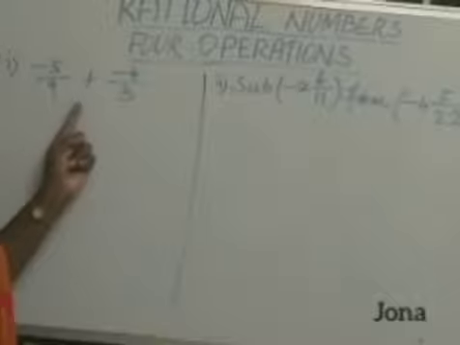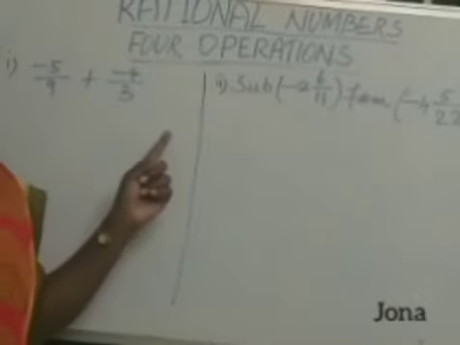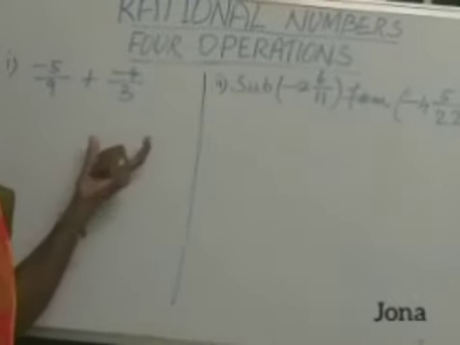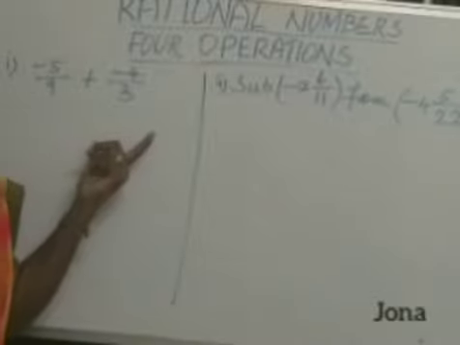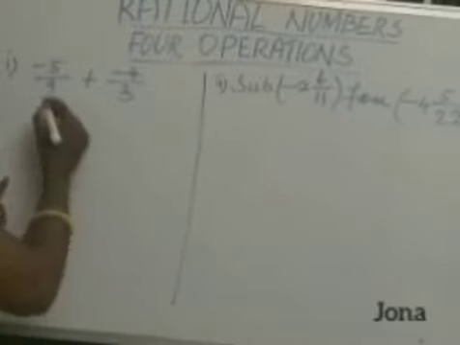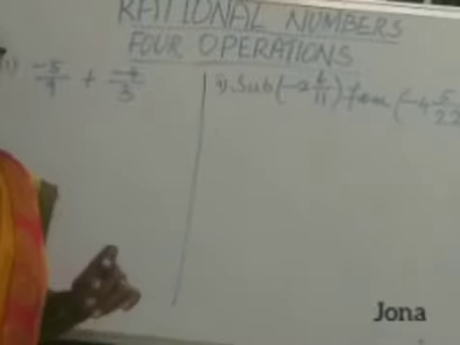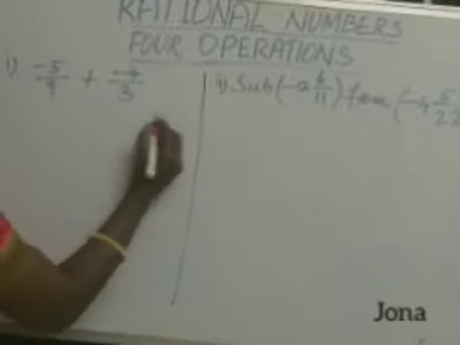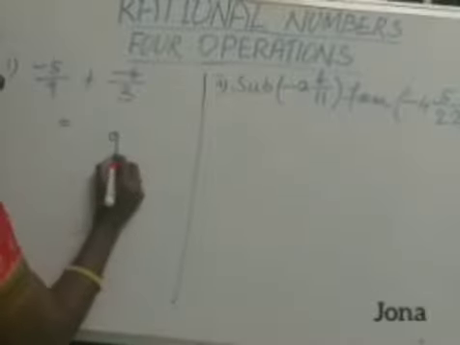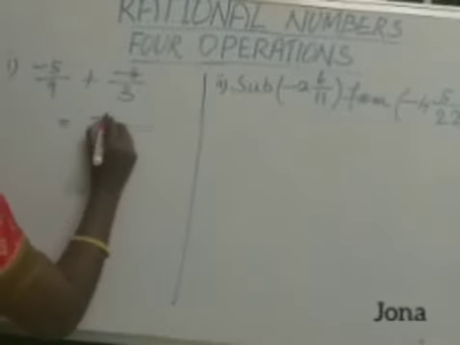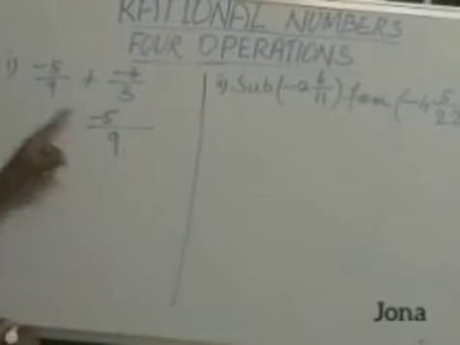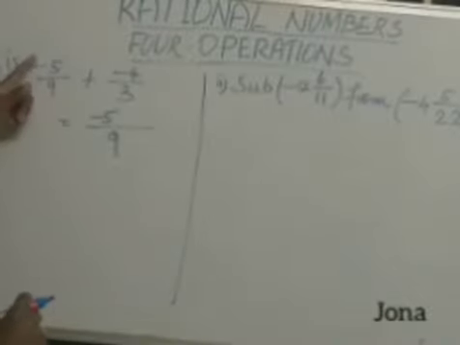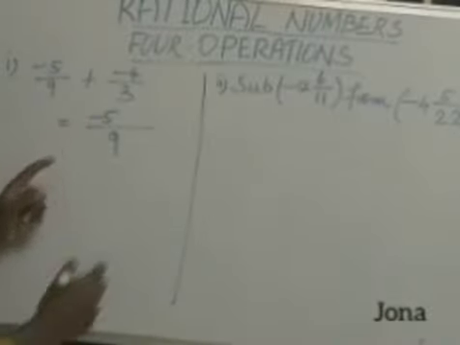Minus 5 by 9 plus minus 4 by 3. Look at the denominators. These are different numbers, so we have to take the LCM. The LCM of 9 and 3 is 9. So put 9 here. I take minus 5 because in 9 I have only one 9, so 1 into minus 5 is minus 5.